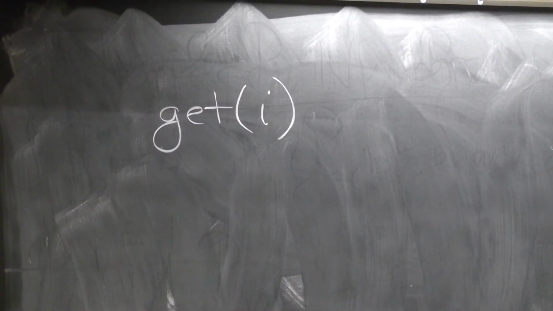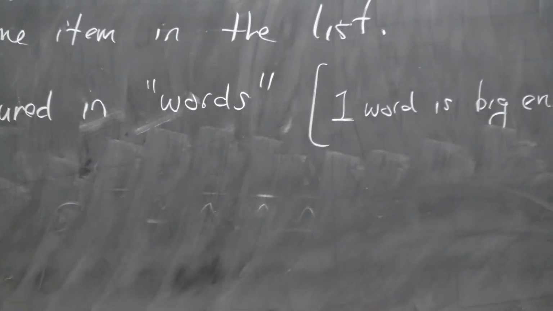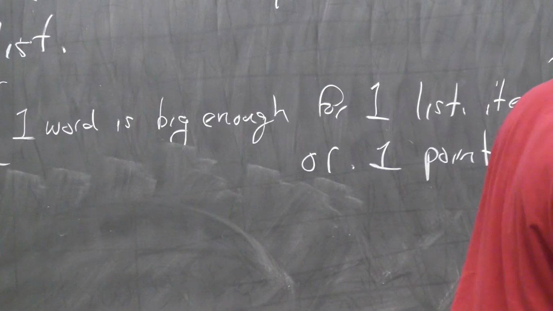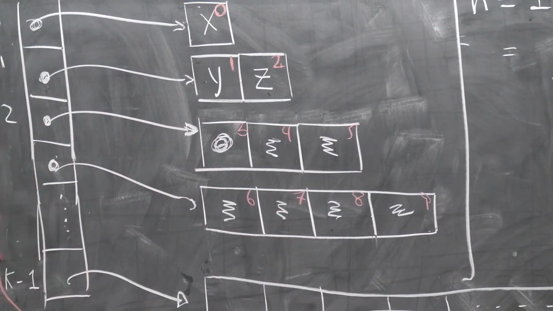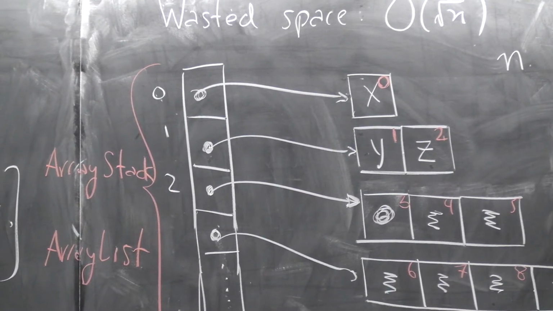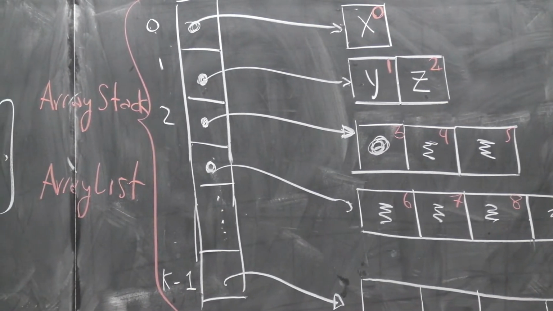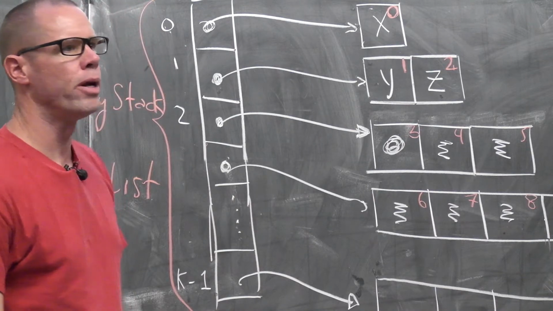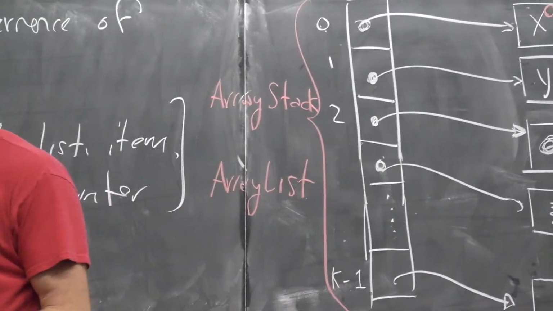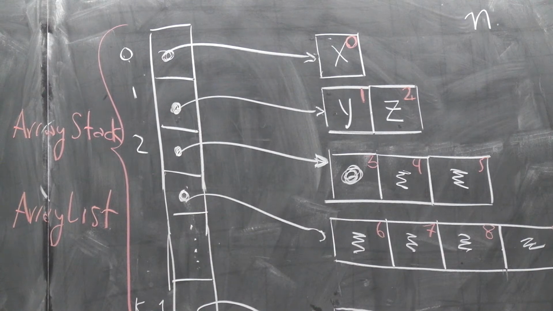So if I say, you know, get 2 on this list, I expect you to return Z. If I say get 8, I expect you to return this squiggly thing here. So we have to figure out how to implement that. And we want this to be as good as something like an array list, and that means we should be able to do it in constant time. Any idea how we do that?